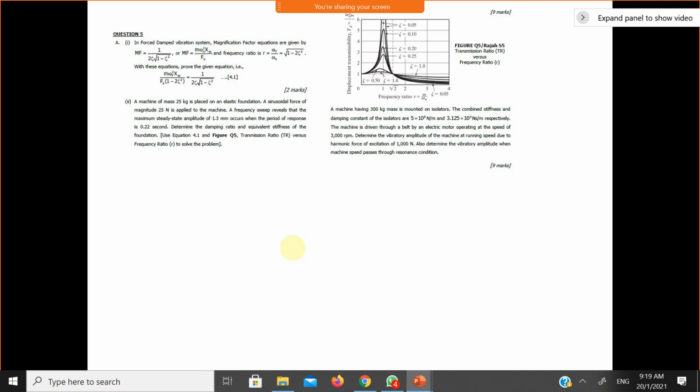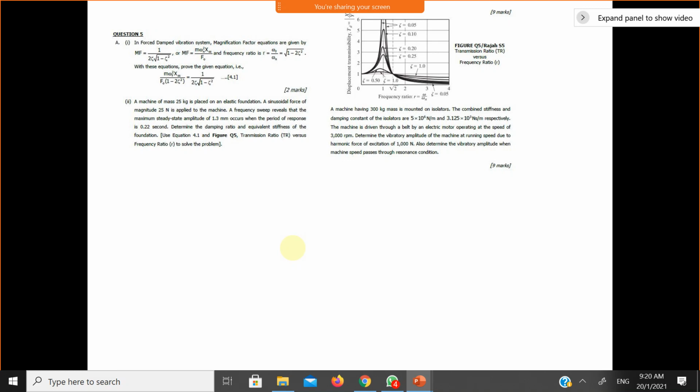Okay, so number 2. Question number 2. A machine of mass 25 kg is placed on an elastic foundation. Okay, a sinusoidal force of magnitude 25 Newton is applied to the machine.